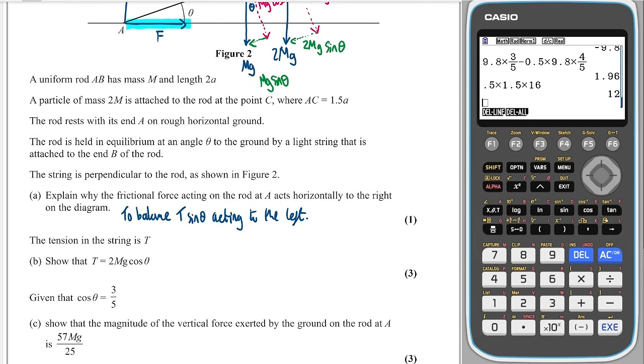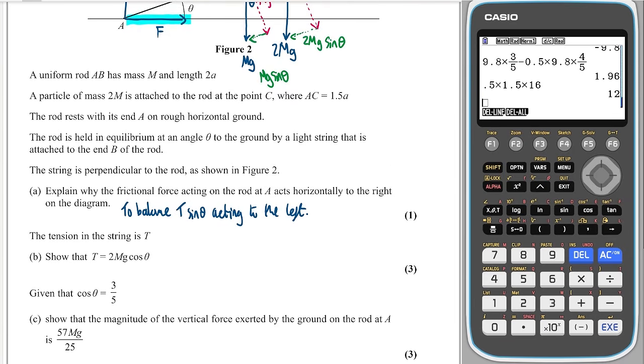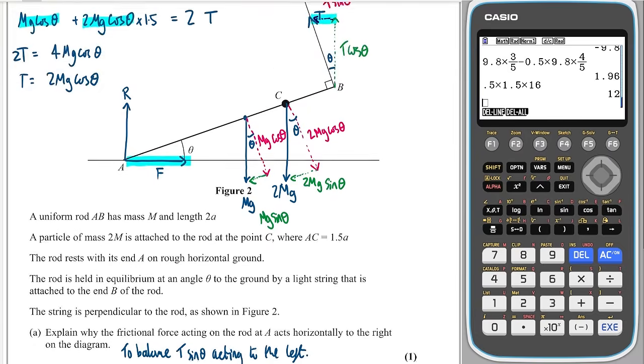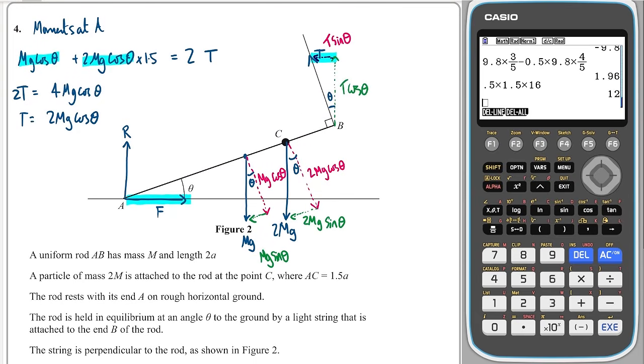Okay, so it's given that cos theta is equal to 3/5, show the magnitude of the vertical force exerted by the ground at A. So we're looking for R. Okay, so we are going to just do the sum of the forces in the vertical. So let's look at the vertical direction.